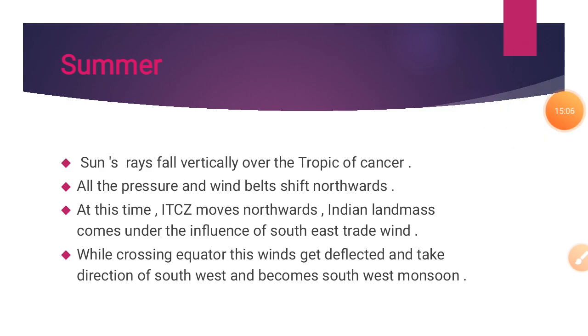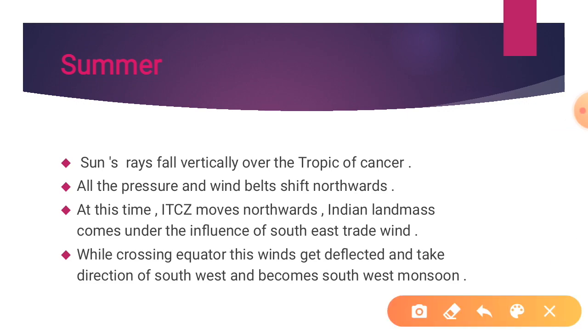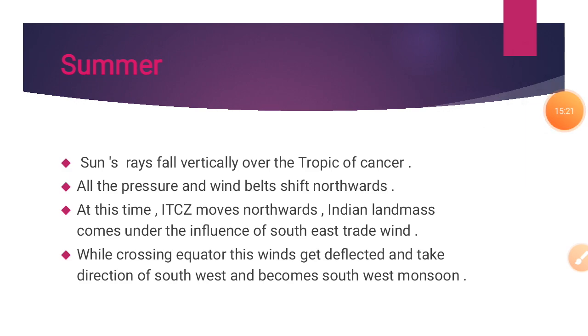Next, the important factor is ITCZ. ITCZ means Intertropical Convergence Zone. What does ITCZ mean? The sun moves from the Tropic of Cancer to the Tropic of Capricorn.